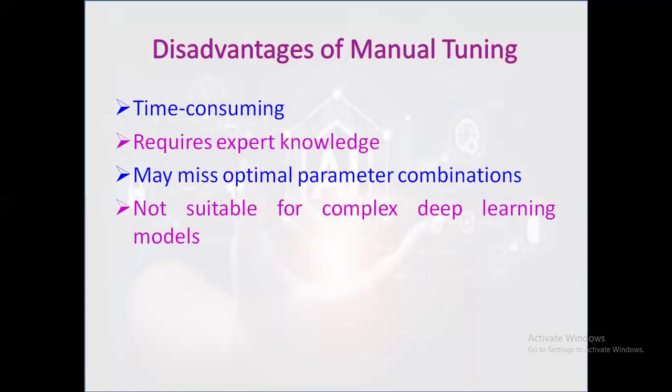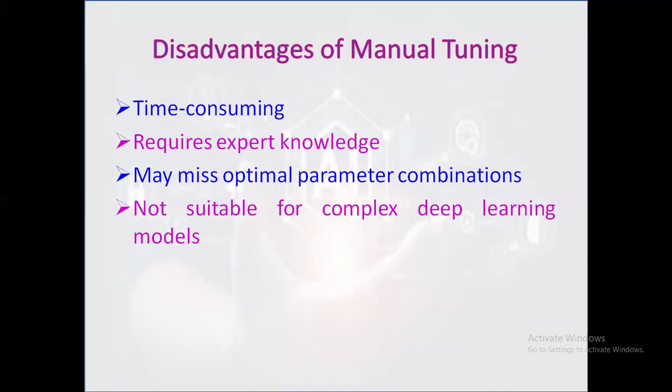Even though it has advantages, it also has some disadvantages. Time consuming means manual tuning often requires many runs, which can be slow or inefficient, especially for deep learning. It requires expert knowledge. Effective manual tuning depends on the practitioner's understanding of algorithms and parameter effects, which beginners may lack and may miss the optimal parameter combinations.